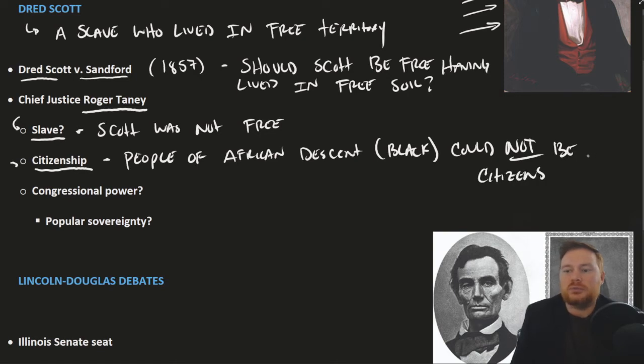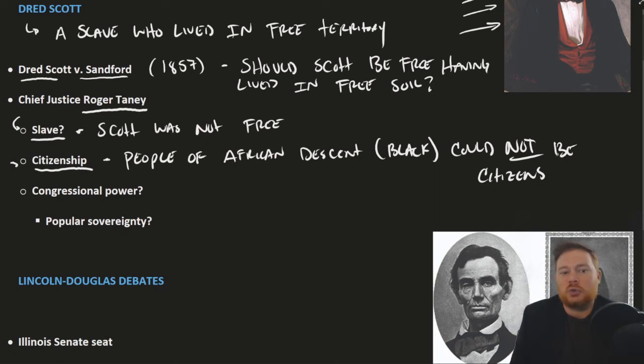And this was important because this was not just dealing with the issue of slavery, but this also included the about 500,000 free Black people who were living in the United States at the time. And this was coming down from the Supreme Court, essentially shutting the door to any idea that people of African descent would be integrated into American society. So this had far further repercussions than simply the issue of slavery.